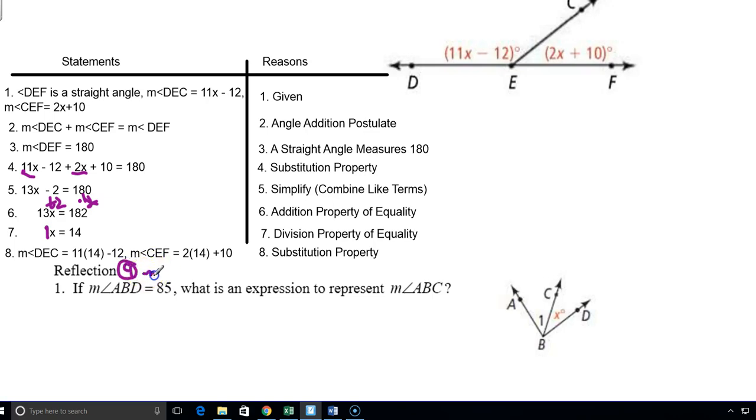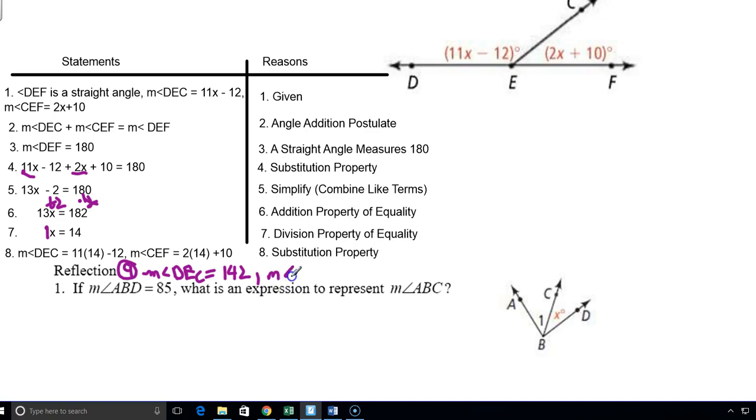So the measure of angle DEC equals, all right, so that's going to be 11 times 14 minus 12. So 11 times 14 minus 12 is 142. So that would be 142.